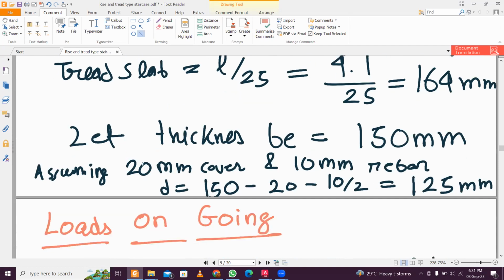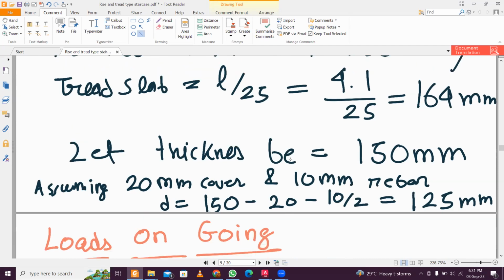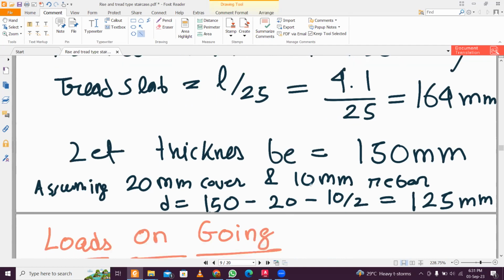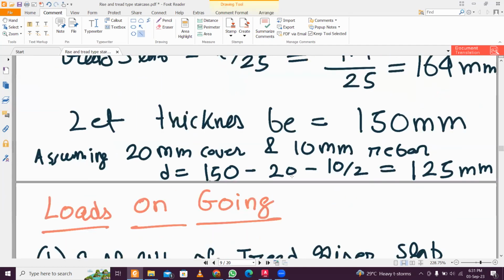If the thickness is 164 or 150 mm, then the effective depth d will be 150 minus 20 mm, which is the cover, minus 10 by 2 if we take a maximum of 10 mm bars. Why am I taking a 10 mm bar?